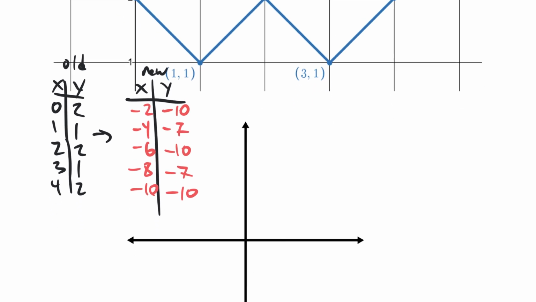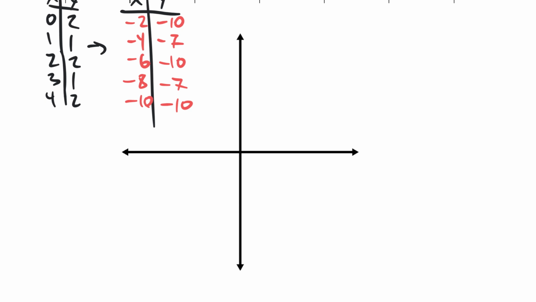Now we're going to take those points and put them on a graph. So we could go left 1, 2, 3, 4, 5, 6, 7, 8, 9, 10. So negative 2 and negative 10. Negative 4 and negative 7.